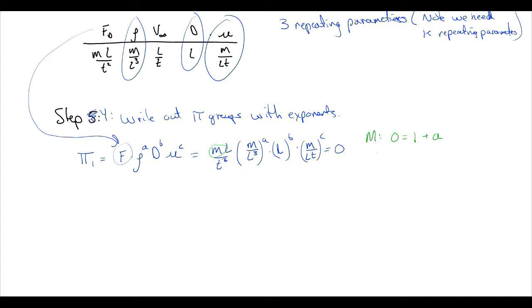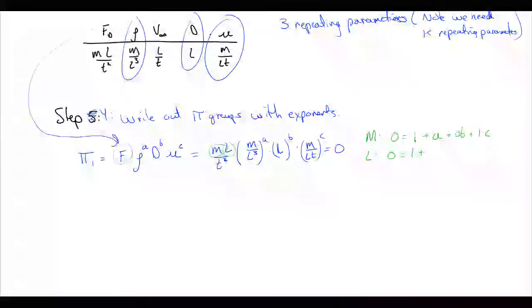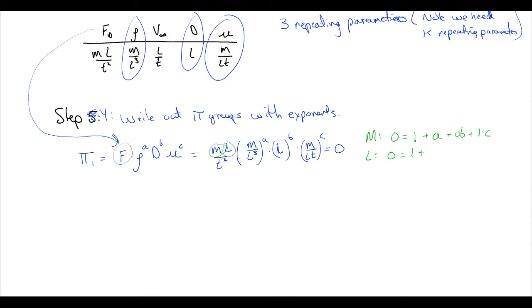Now let's do l. We'll do l, and I'll have you guys do t. So for l, it's always going to equal 0. Our l is on top here, so it's a 1 plus. Now that's an L to the negative 3 raised to the A, so it's L to the negative 3A.